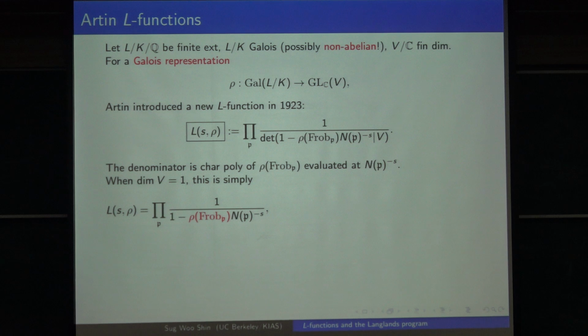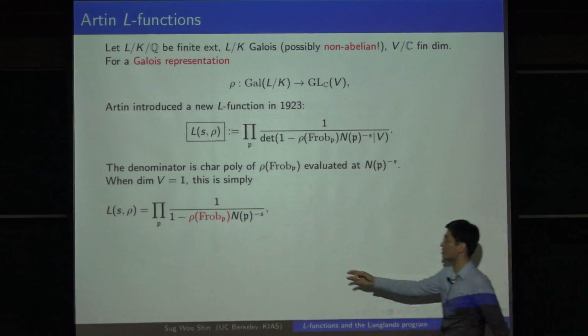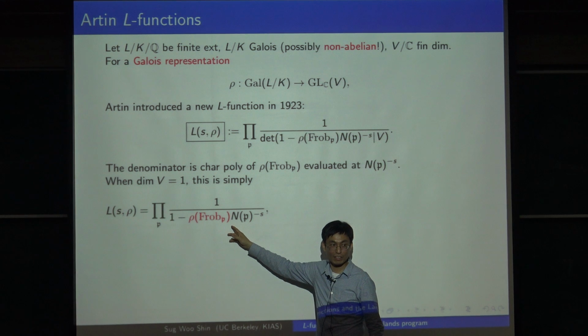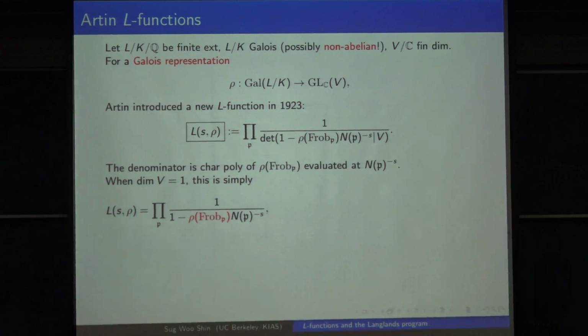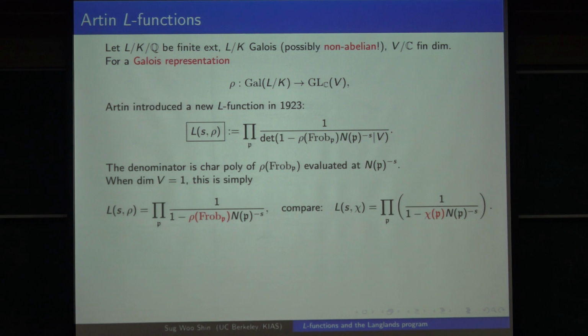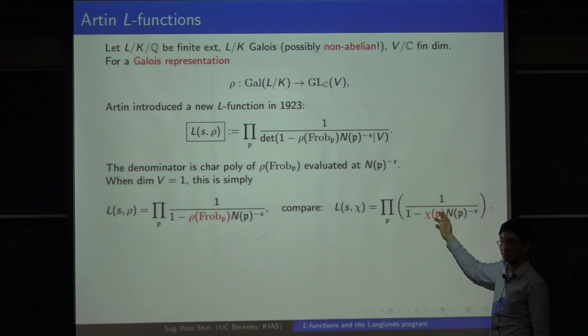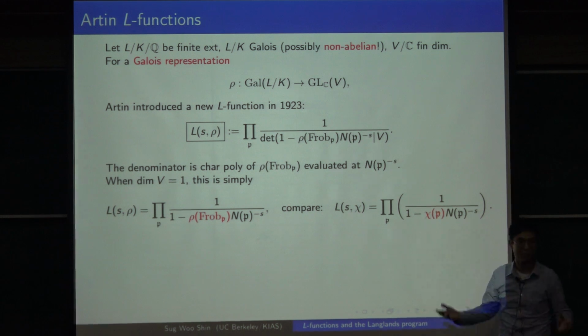So when the dimension is equal to 1, it's exactly this. That really looks similar to the Hecke L-function I introduced before. Compare. You see? The same infinite product, but it comes with different coefficients. That's it.